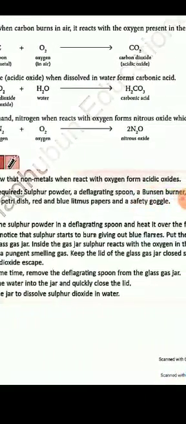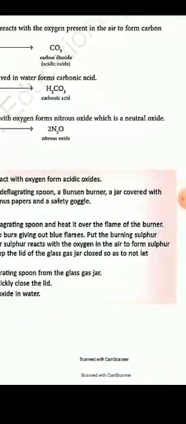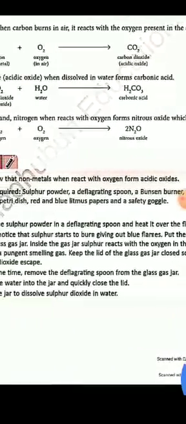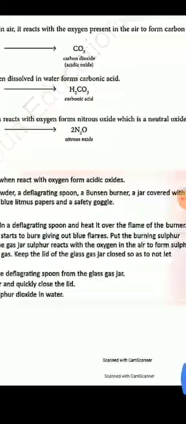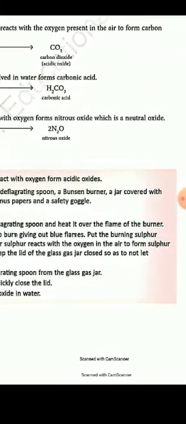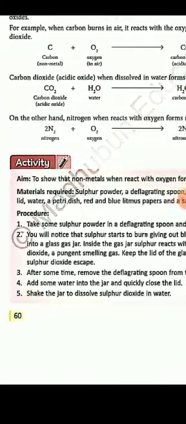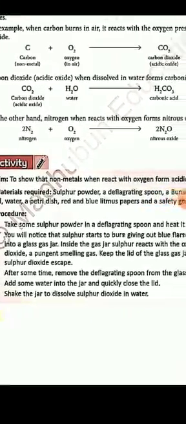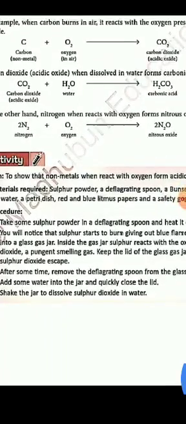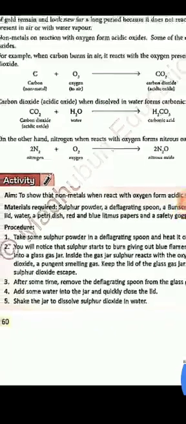Inside the gas jar, sulfur reacts with the oxygen because oxygen is present in the jar. We will see that it reacts to form sulfur dioxide and gives a pungent smelling gas. That means the gas released has a poisonous smell.